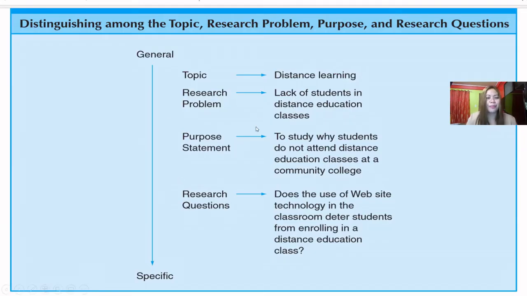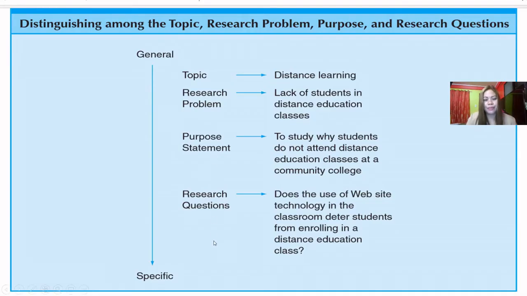Then you shape your purpose. In shaping your purpose, you come up with what we call the purpose statement. Your purpose statement might be to study why students do not attend distance education classes at a community college. From this purpose statement, you have to design the research questions that will help you collect data in order to achieve your purpose.